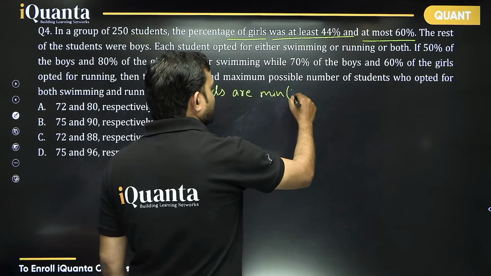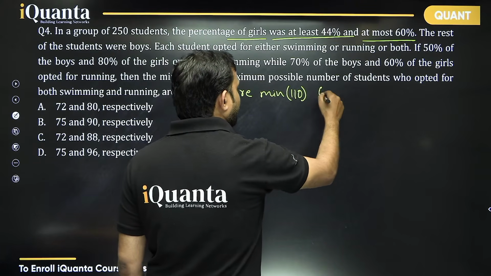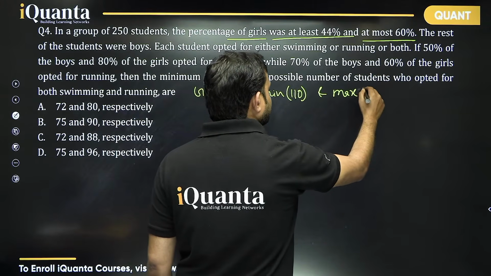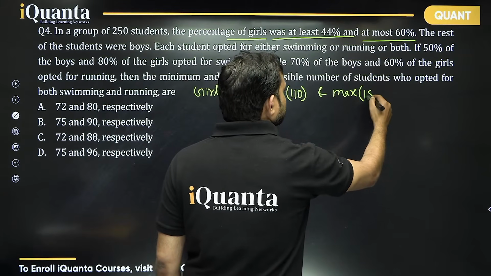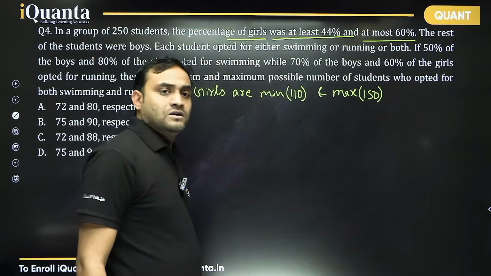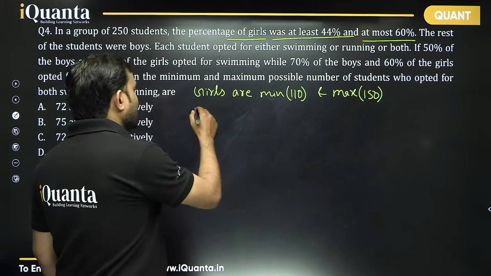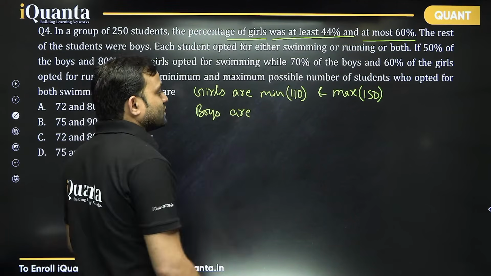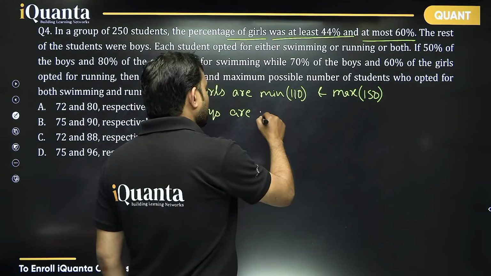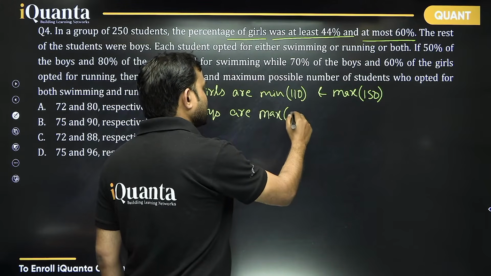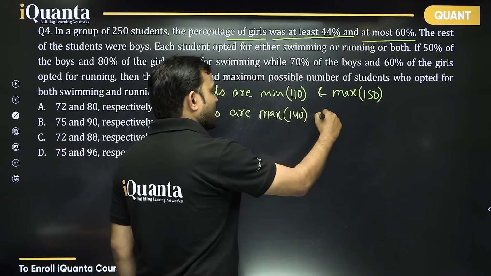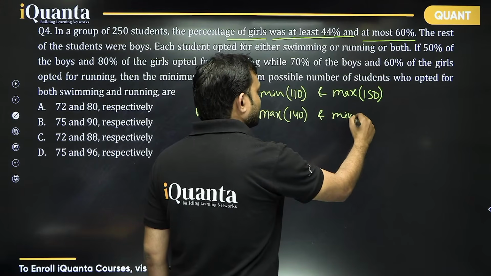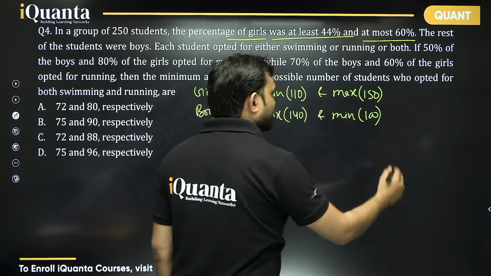So it will be minimum 110, and maximum 60% of 250, which is 150. And what we can say about the boys: if girls are minimum 110, boys will be maximum 140, and minimum 100, right?